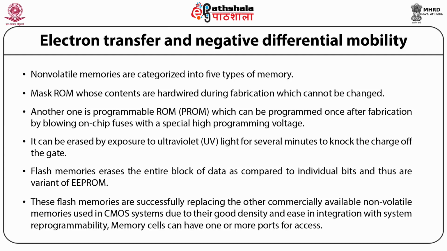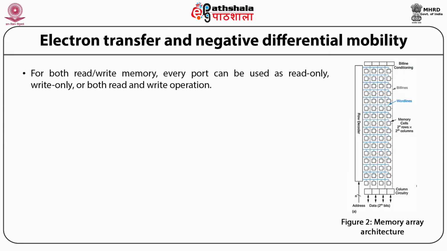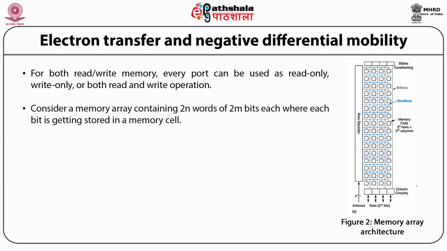Memory cells can have one or more ports for access. For read-write memory, every port can be used as read-only, write-only, or both read and write. So consider a memory array containing 2^n words of 2^m bits each, where each bit is stored in a memory cell.